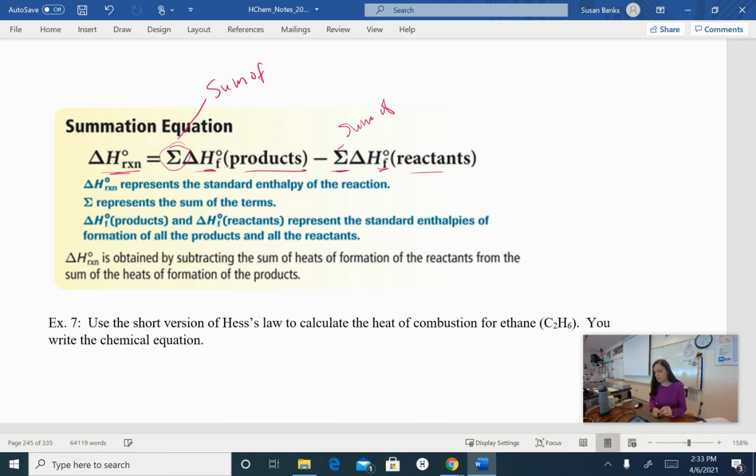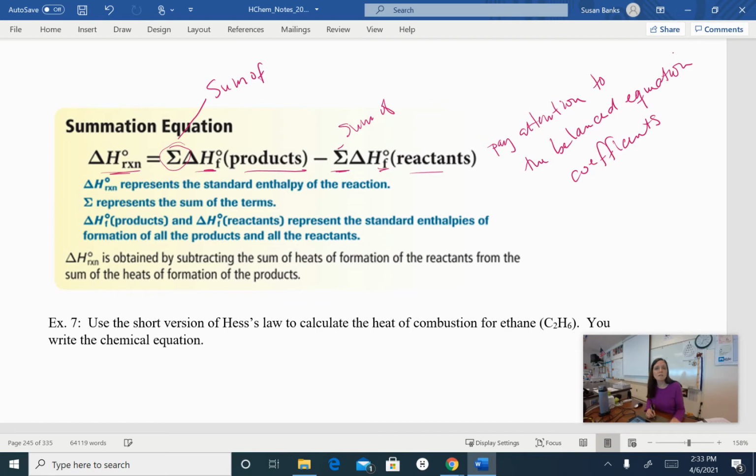Now remember, we have to multiply our products and our reactants by their respective coefficients in the balanced equation. So we still have to pay attention to the balanced equation coefficients.